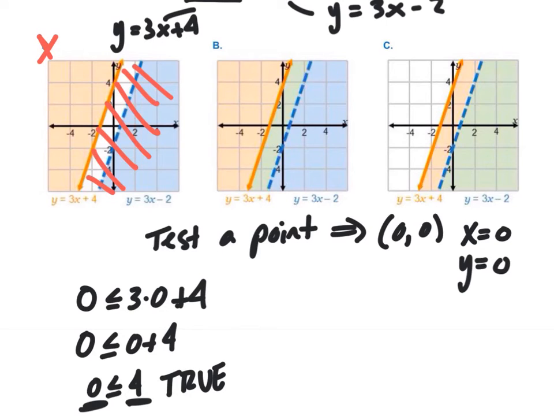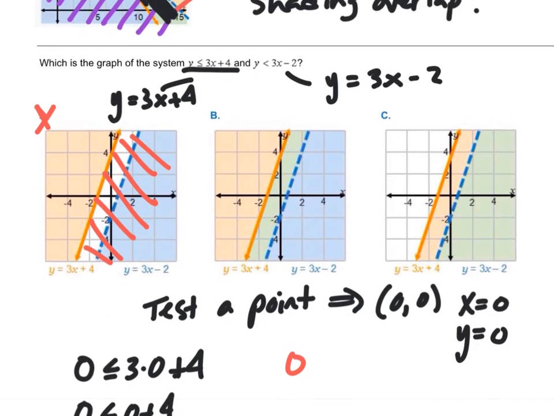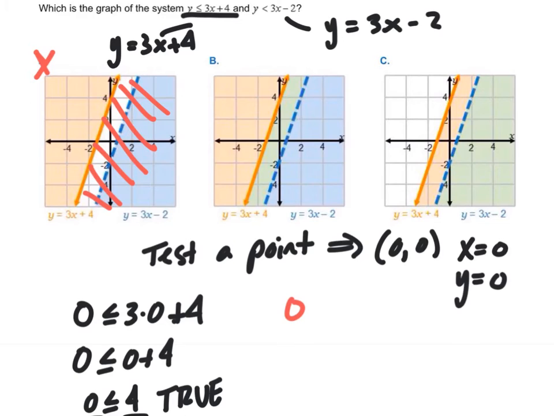But now let's plug in 0, 0 and see if it works in the other equation. So 0 is less than 3 times 0 minus 2. So we get 0 is less than 0 minus 2. 0 minus 2 is just negative 2, so 0 is less than negative 2.